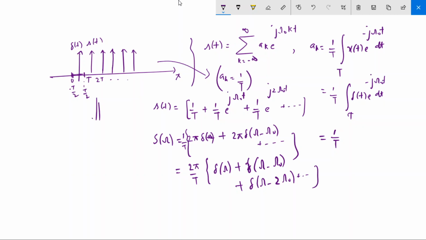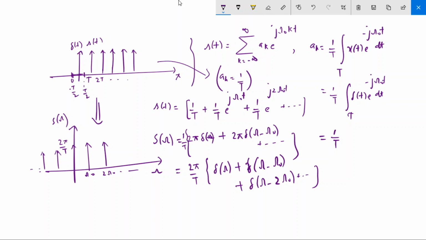So the Fourier transform of this impulse train is again an impulse train. Okay, an impulse at omega equal to 0, then at omega naught frequency, then 2 omega naught, then 3 omega naught, but the magnitude or the strength will be 2 pi by T. So you have one impulse here, then a second impulse at frequency omega naught, then another at frequency 2 omega naught and so on, and similarly on the negative side.